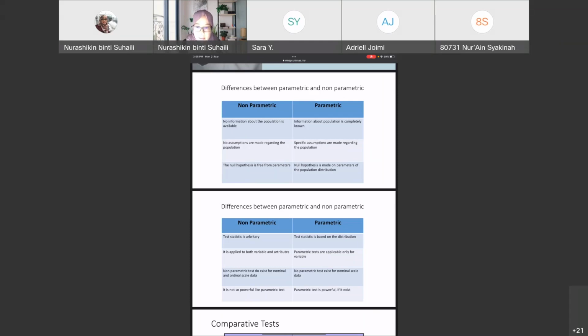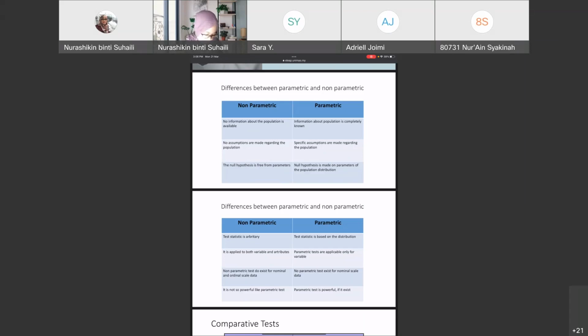So that makes us confident to make certain assumptions. Okay, back to both. In conclusion, non-parametric is concluded as not as powerful as parametric tests because of a lot of uncertainties.